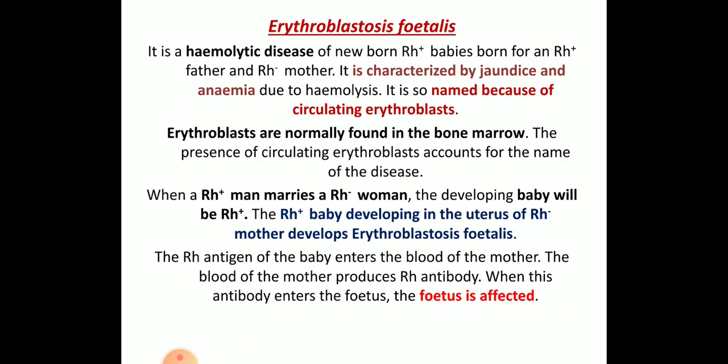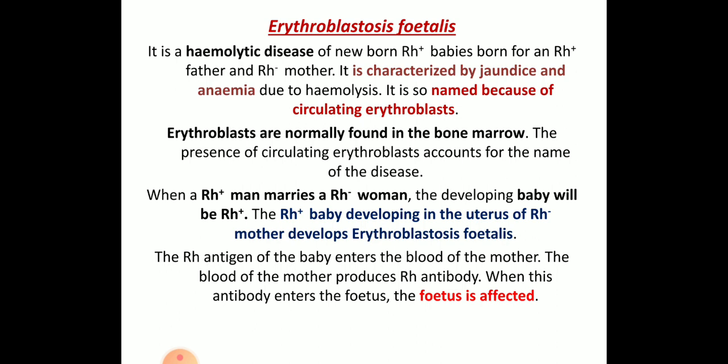Erythroblastosis fetalis is a hemolytic disease characterized by jaundice and anemia, due to an Rh positive father and Rh negative mother. Erythroblasts are normally found in bone marrow. Due to the presence of circulating erythroblasts, the name was given to erythroblastosis fetalis.